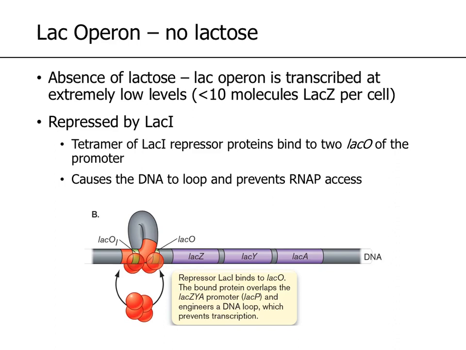In this case, there is a reason why, and we'll get to that in a couple of slides. How that's happening is that a tetramer, four of the lacI repressors, have to come together and bind the two lacO sites, and it causes the DNA to make this loop, and that prevents RNA polymerase from accessing the promoter site.